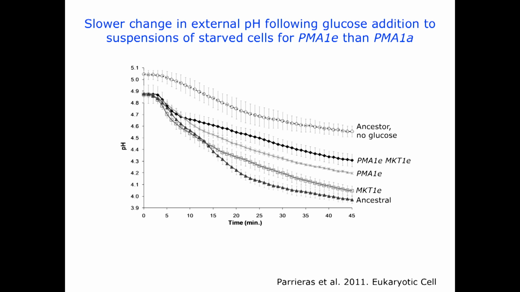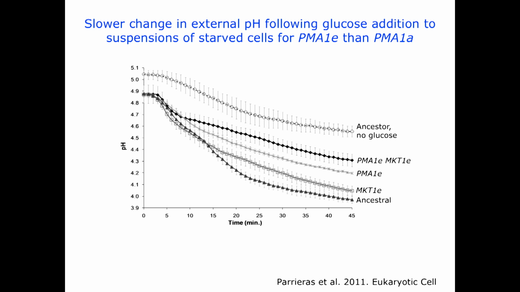Okay, here's the ancestor with glucose added, and you can see it acidifies the medium strongly. You can see an initial drop here when you add the glucose. Do you know what that's about? Why that initial drop here? It's too fast for any effect on the pumps, but you see a slight drop in pH. Well, glucose is acidic itself, so it actually acidifies the medium to some extent.